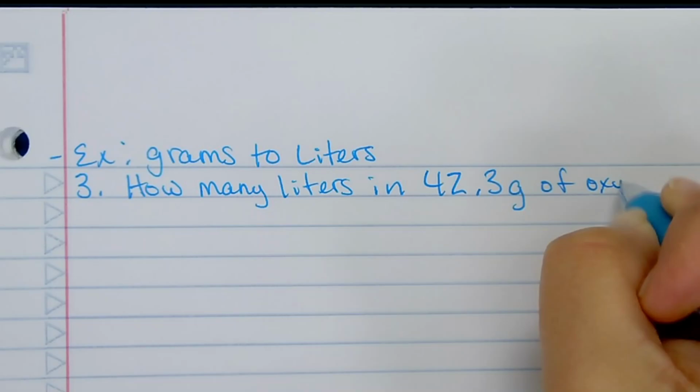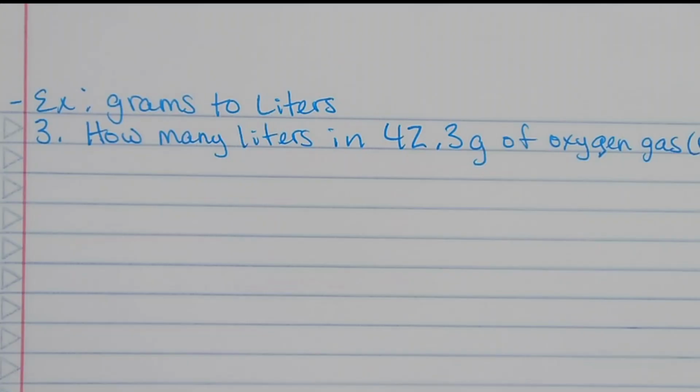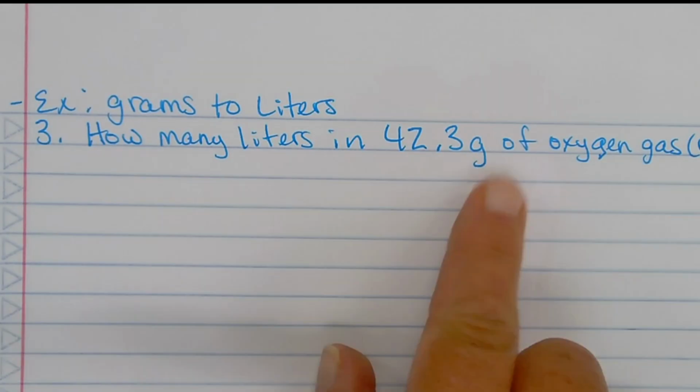One of the things you have to remember is whenever you see grams in something, what do you have to calculate to go from grams? Does molar volume have grams in it? No. What's that other conversion I taught you that has grams in it? The molar mass, right? Whenever you see grams in something, you have to calculate a molar mass.